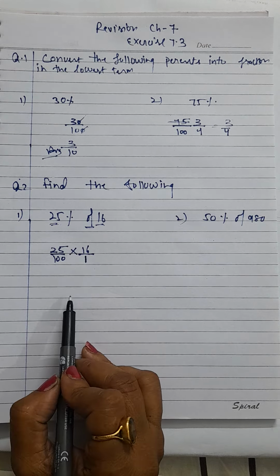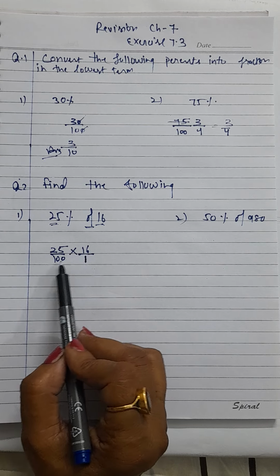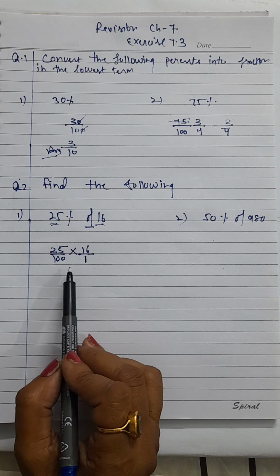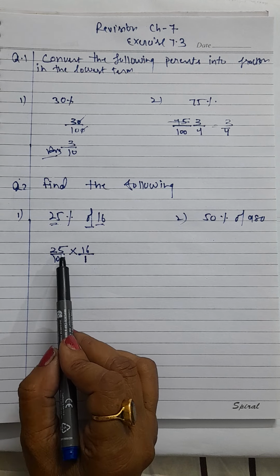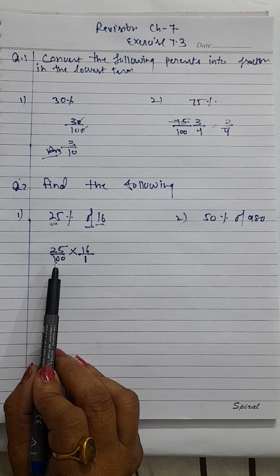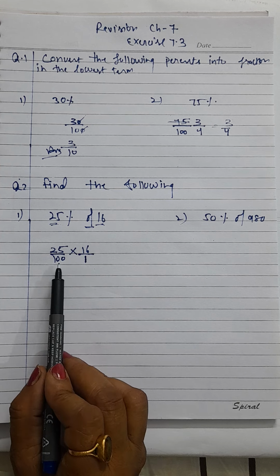Now you can cut for getting 25% of 16. We can't reduce 25 and 16 because there is no common factor between them. So we can cut 25 and 100, and the common factor of 25 and 100 is 25.